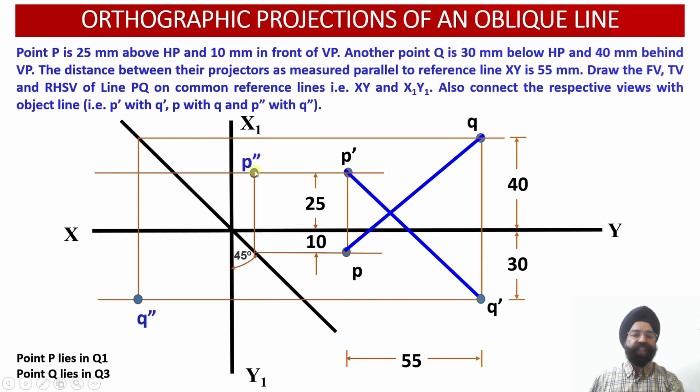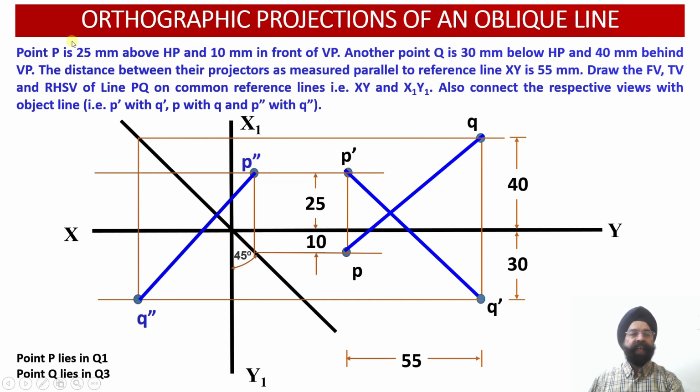So P double dash and Q double dash, if we join both of them, we are going to obtain the side view projection, that is the right hand side view projection, of the 2 points P double dash and Q double dash, which correspond to the line PQ, in which point 1, that is point P, happens to lie in quadrant number 1.